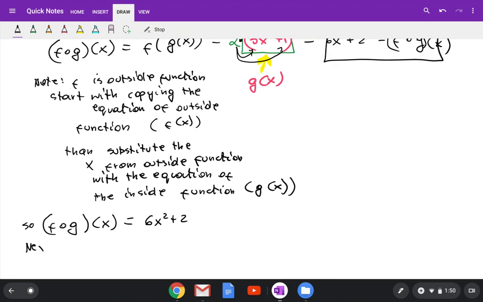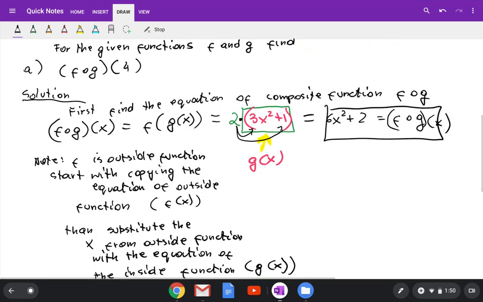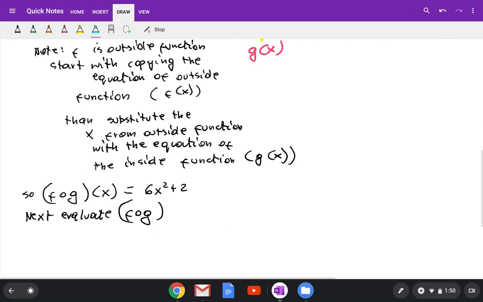Next, evaluate f composed with g of 4, and we're going to replace x with input 4, because that's what they want us to do. So you're going to substitute 4 where we used to have x.